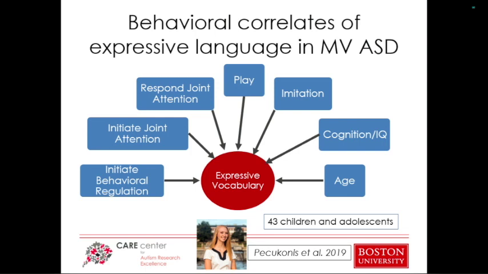So we did start out asking about behavioral correlates. And we have a sample of about, at this point we've seen about 90, and I think this particular study was based on 43 children and adolescents over the age of 5. And we had very good and objective measures of response to joint attention, initiating joint attention, behavioral regulation, and this could be non-linguistically using different means for establishing that.